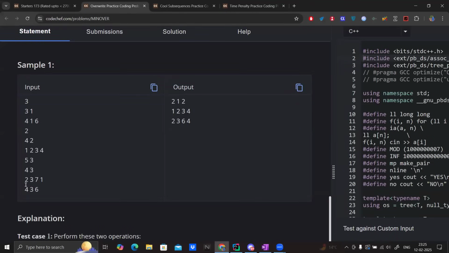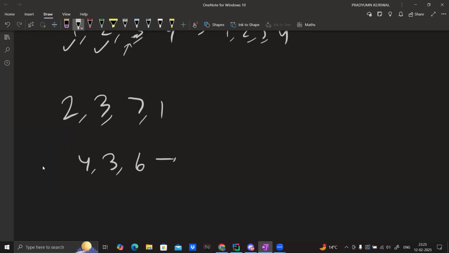And let's see another test case, 2, 3, 7, 1 and 4, 3, 6. Okay. So what we can see is here. So 4, 3, 6, we can replace either with 4, 3, 6 or we can replace with 3, 6, 4 or we can replace with 6, 4, 3, right?